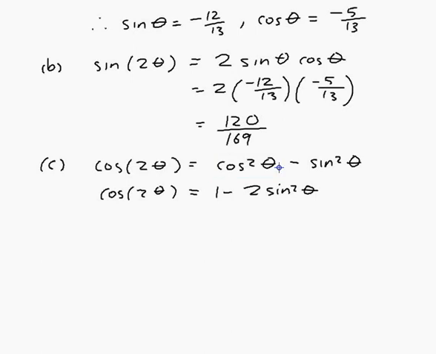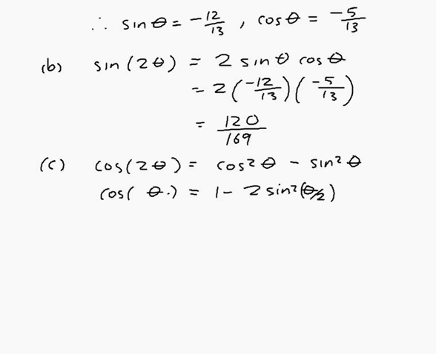And so cos 2 times theta on 2 would be 1 minus 2 sine squared theta on 2. And now I know what cos 2 times theta on 2 is. It's cos theta. So now I've got a formula involving cos theta and sine squared theta on 2.